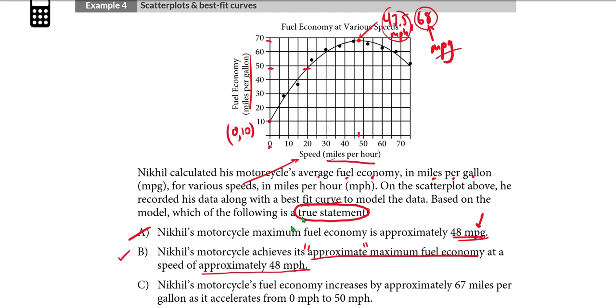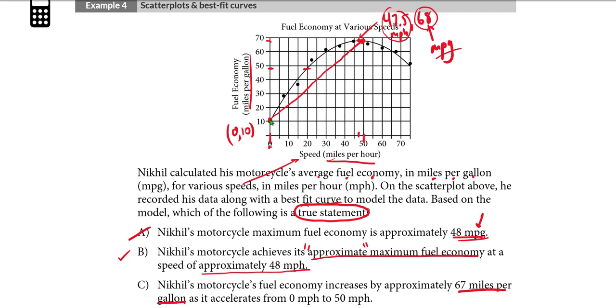Answer choice C, Nikhil's motorcycle's fuel economy increases by approximately 67 miles per gallon as it accelerates from 0 to 50 miles per hour. Well, let's see. If we accelerate from 0 to 50, that means we're going from there to there. Do we increase by 67 miles per gallon?